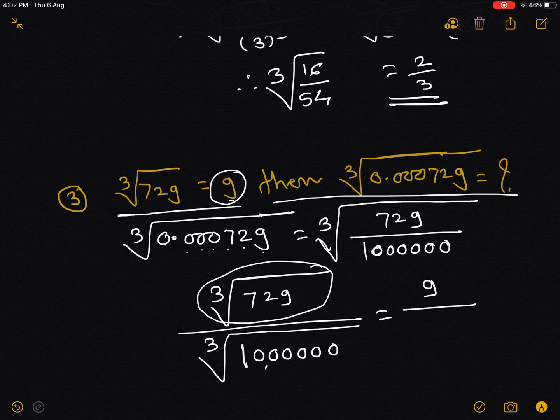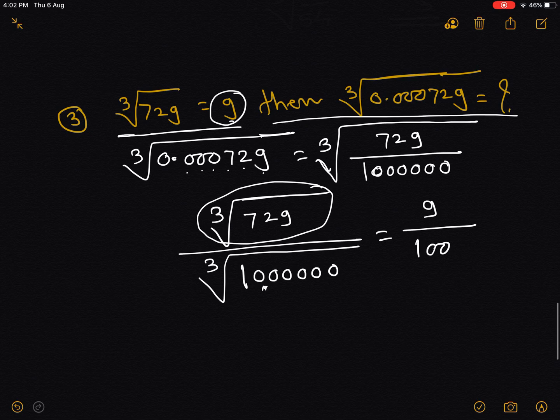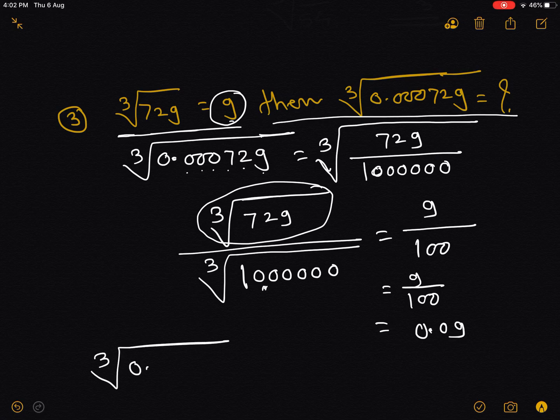Then the value of the numerator is 9 and the value of the denominator, cube root of 10 lakh, is 100. That means 9 upon 100. We write it in decimal form, that means divide 9 by 100, it is 0.09. That means cube root of 0.000729 equals 0.09.